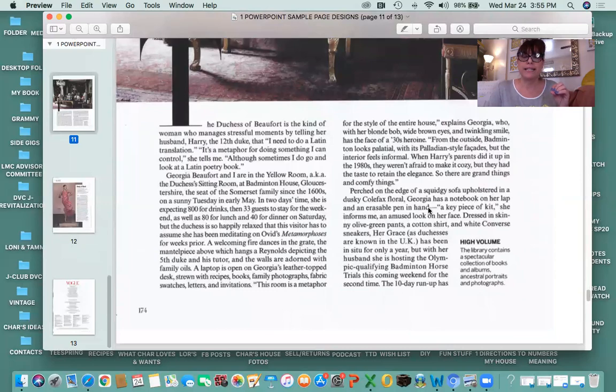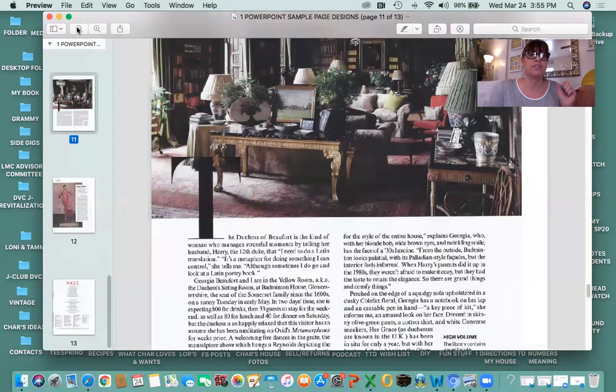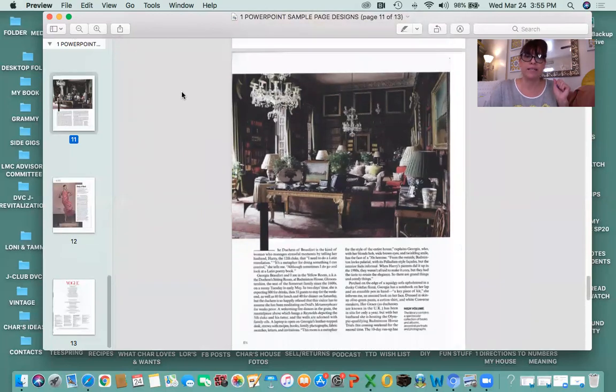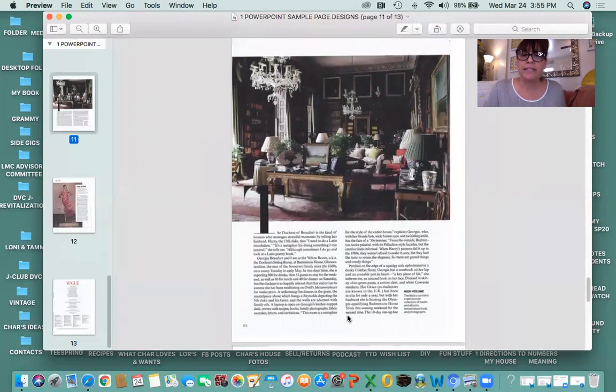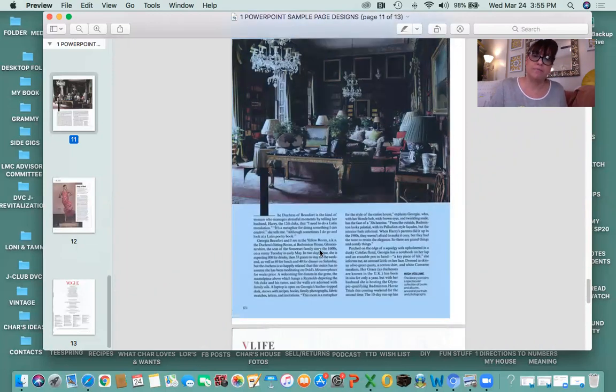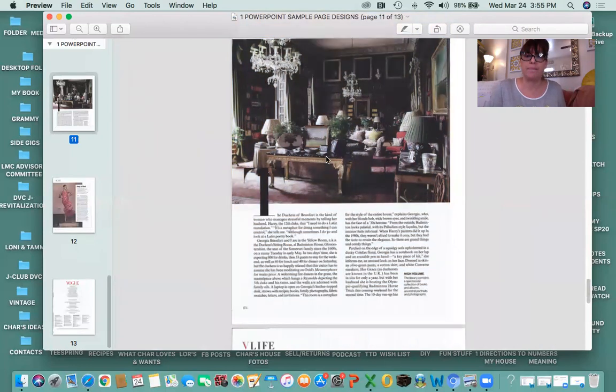Oh, one more huge thing when you're designing your pages in Canva: notice all this white space on all sides, except for this side, but you can see it right here. You're going to have to leave a lot of room for our pages, because if not, it will bleed off to the side of the page. You don't want that to happen.